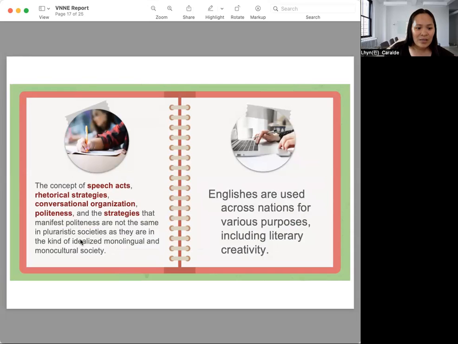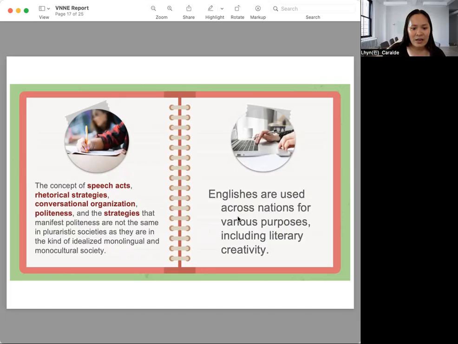So it means that we have different politeness in different countries. We use this pluralistic politeness that we share to other people, communicate to other people. So how do we communicate to them?